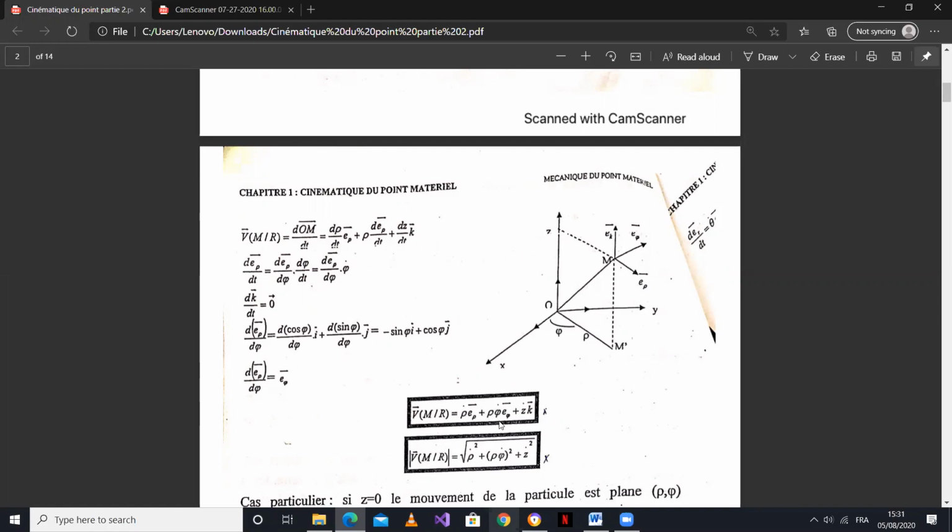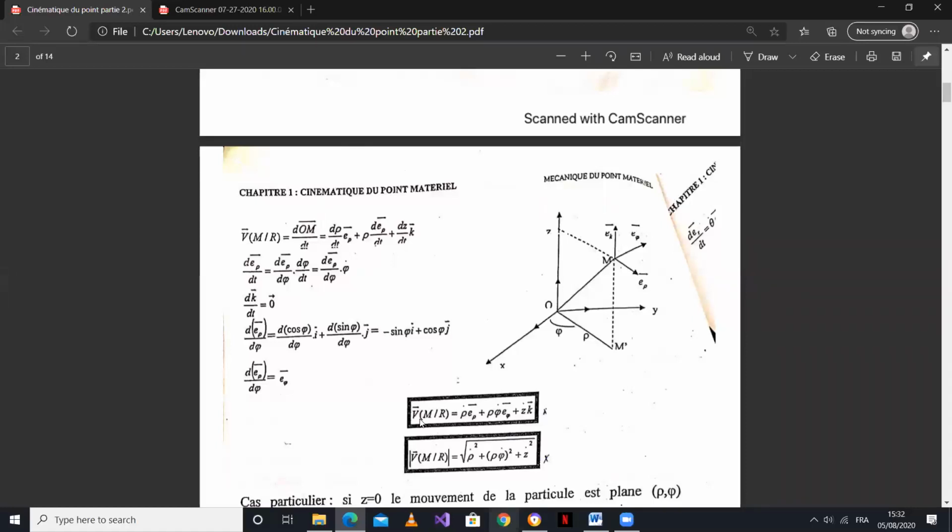It gave us phi point multiplied by e phi. So it will be rho phi point suivant e phi plus the last expression here, when we derived z par rapport au temps, it gave us z point. So we'll have z point suivant k. So this is the expression for the Vitess in the cylindric coordinate system.